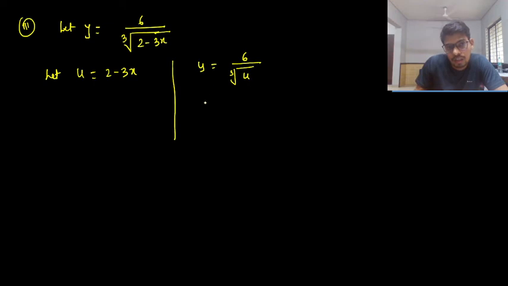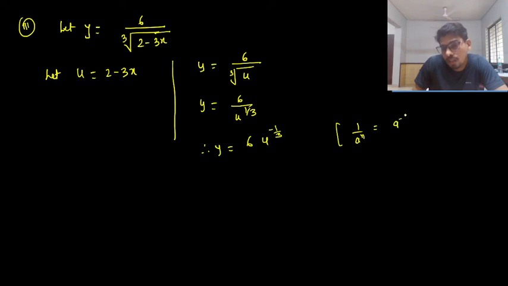Okay, now simplify it. It will look like 6 upon u raised to 1 by 3 using law of indices. Therefore, y will look like 6 into u raised to minus 1 upon 3, as 1 upon a raised to n is a raised to minus n. So now we can differentiate both of these.